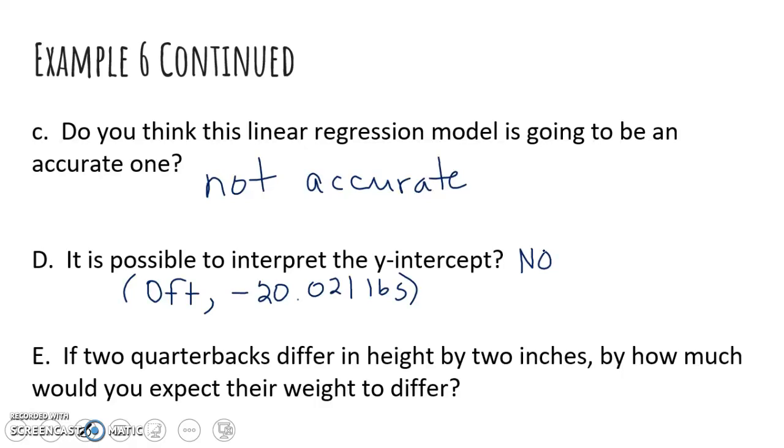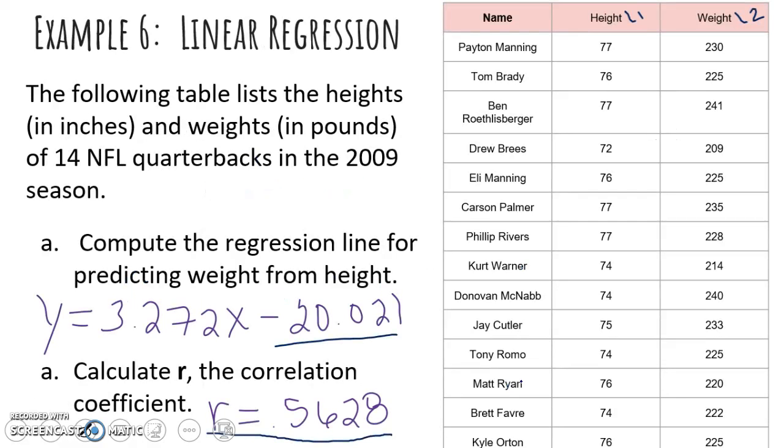Now, if two quarterbacks differ in height by 2 inches, how much would you expect their weight to differ? So the X is the height, and that differs by 2. So to find the difference in the Y, which is the weight, is 2 times the slope. So let's go back and look at what the slope was. The slope is 3.272.